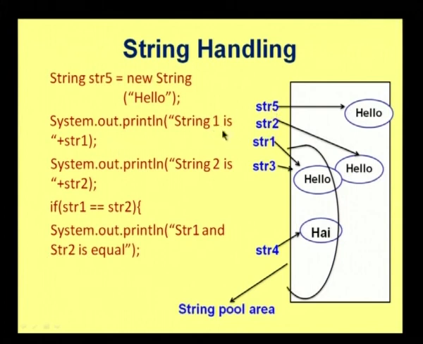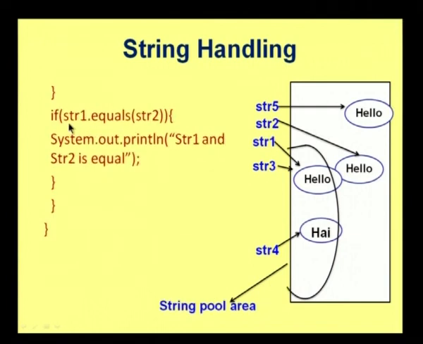Now I am trying to print str1 and str2. My str1 has the value hello and my str2 has the value hello, whereas the objects are different. The str1 and str2 objects are different. So if I try to check whether the str1 object and str2 object are equal, in that case they will not be equal.